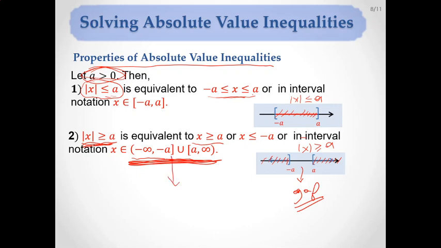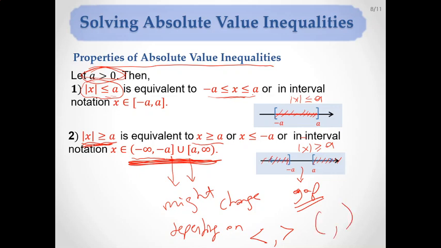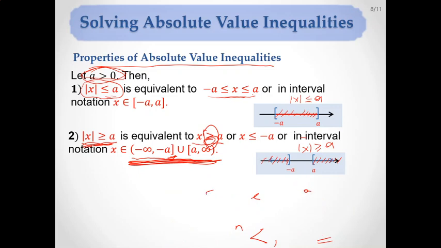And these might change depending on this or this. If we have strict inequality, we use parentheses. If we have an equal sign, we use brackets. This is the usual implementation all the time.